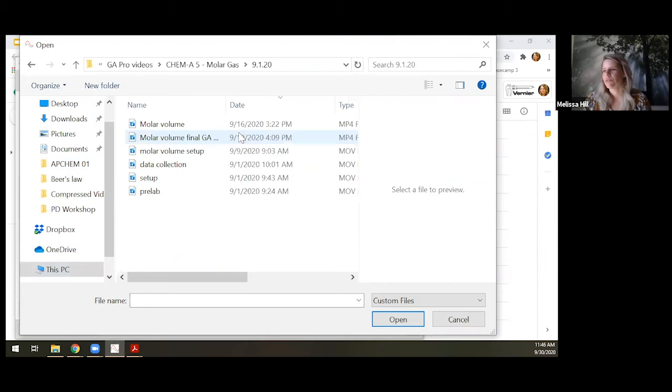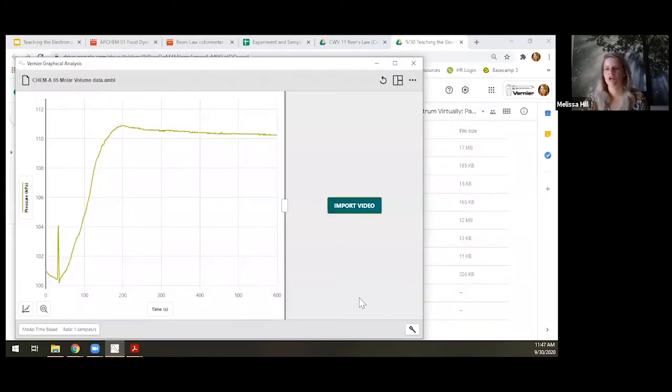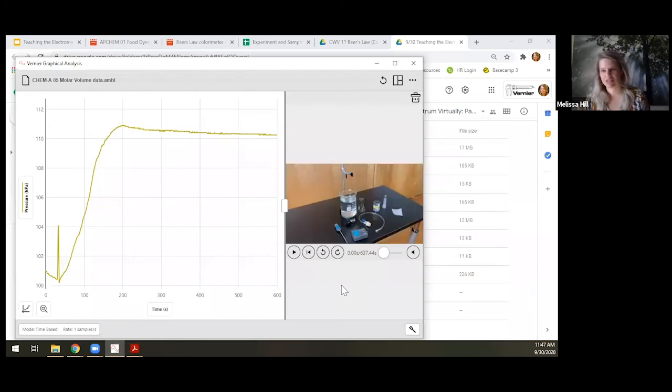The videos can be imported. I use MP4s. You can also use them as movies. So if you took the data on your iPhone, most people have iPhones, and iPhones have this really weird high efficiency setting.